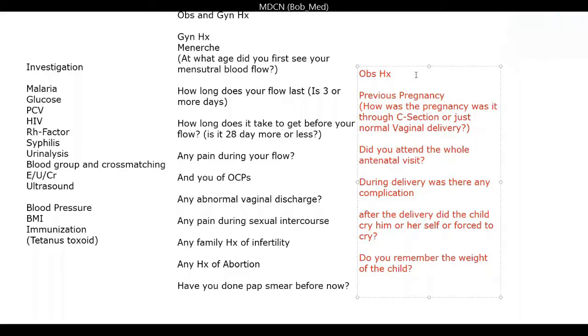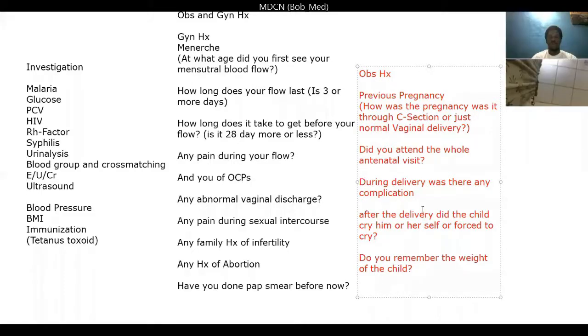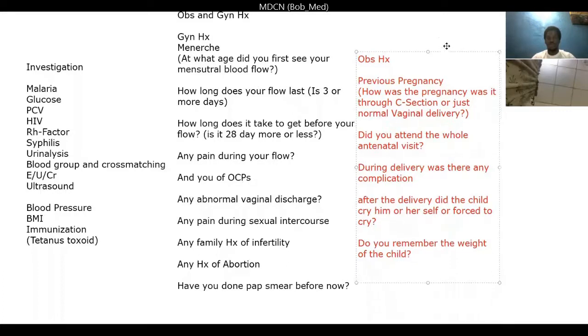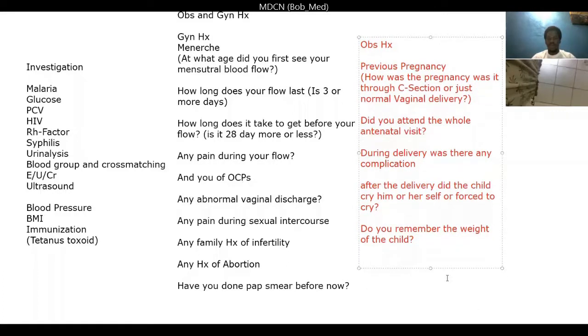And apart from that, you also want to ask if the mother remembers the weight of the child, and how long did you stay in the hospital after delivery?